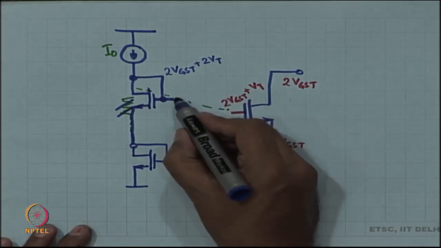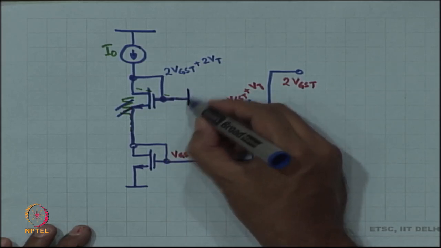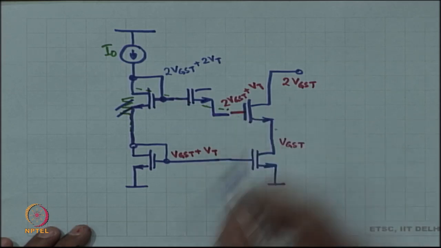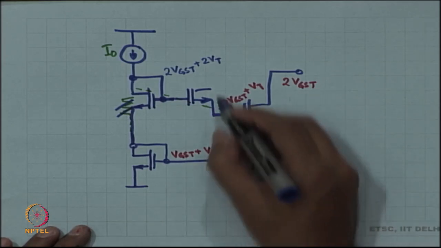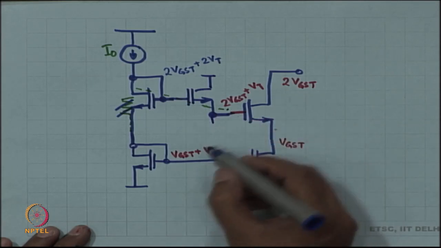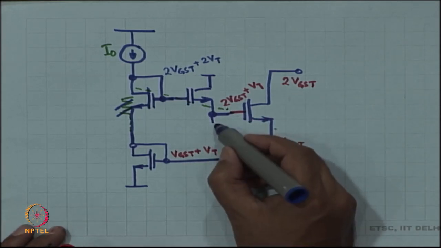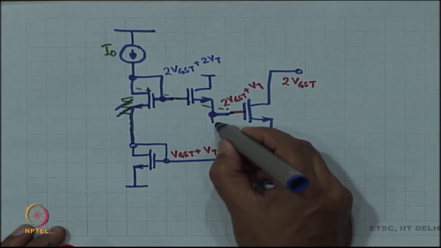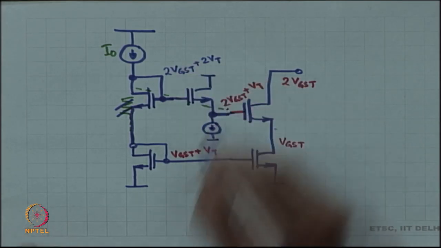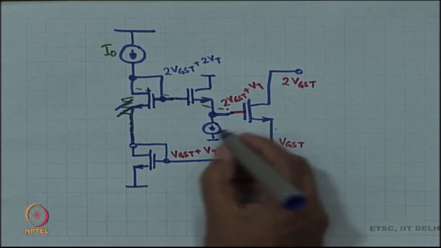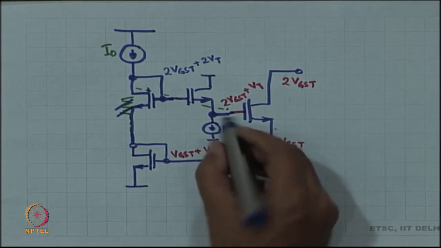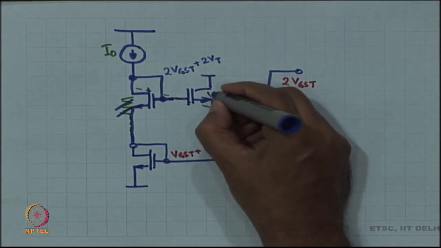And one easy way of doing that is to push a current through a large MOSFET.